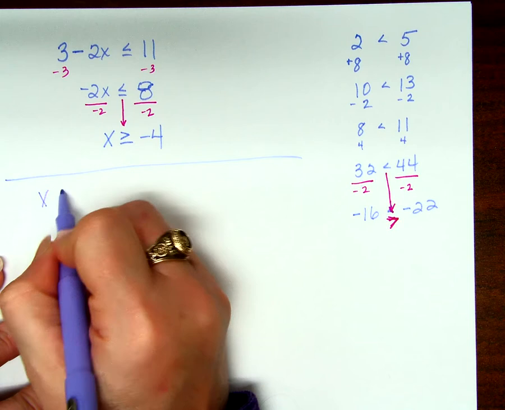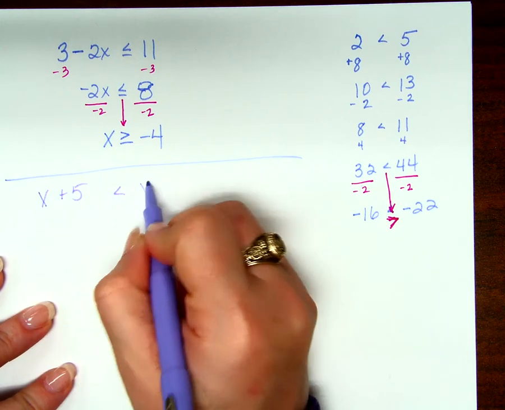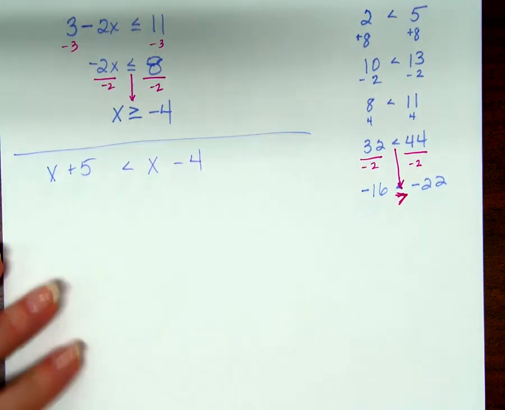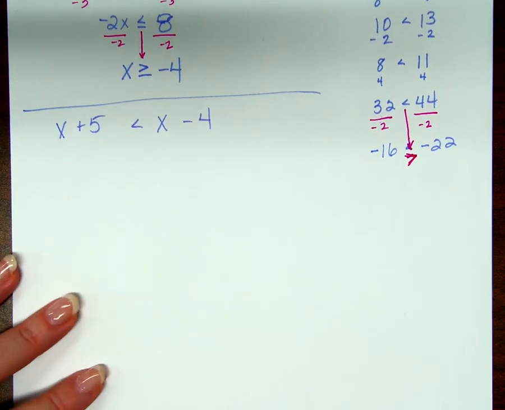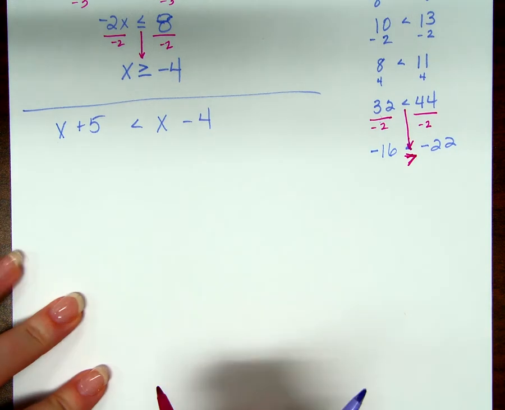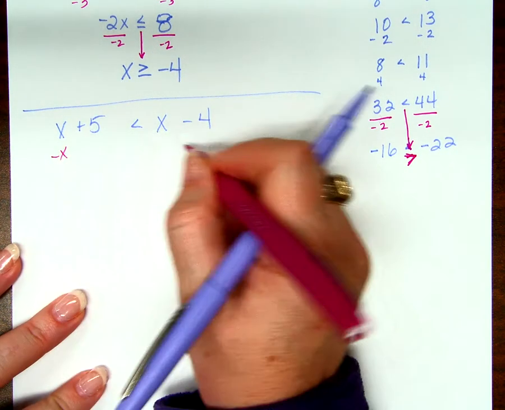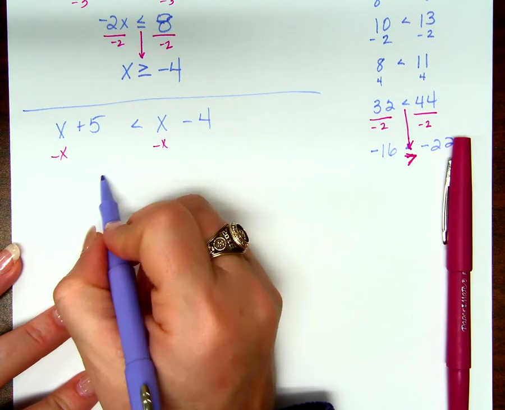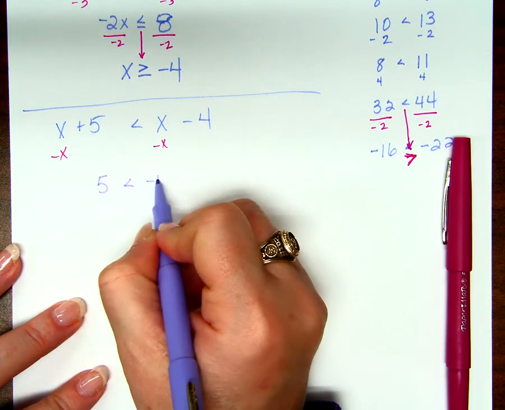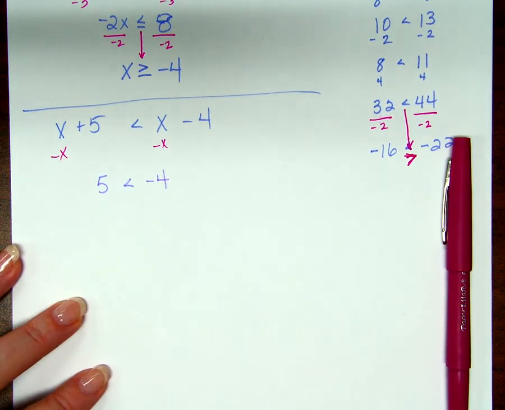X plus 5 is less than x minus 4. How do I solve this one? Subtract x from both sides. 5 is less than -4. Did I do something wrong?